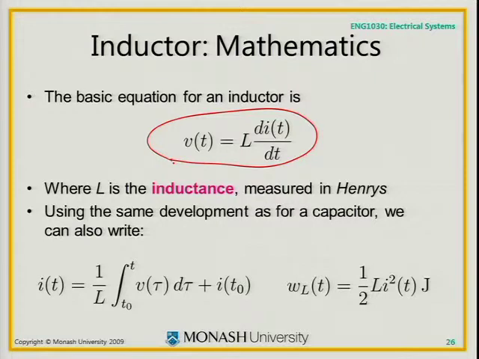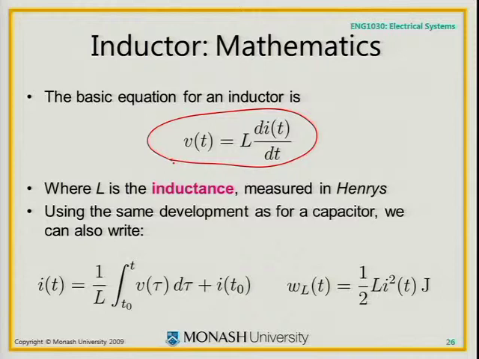So given a certain inductor, if I really try to change the current through it quickly, the voltage builds up on that inductor. Or, another way to think about it, it takes a lot of voltage to change the current through an inductor quickly. A lot of voltage would have to be applied to the terminals of the inductor if I wanted to change the current through it quickly, because there is a resistance to that change.